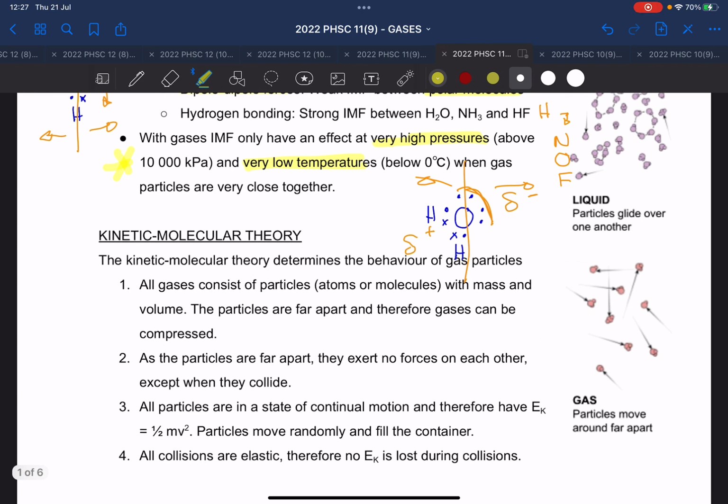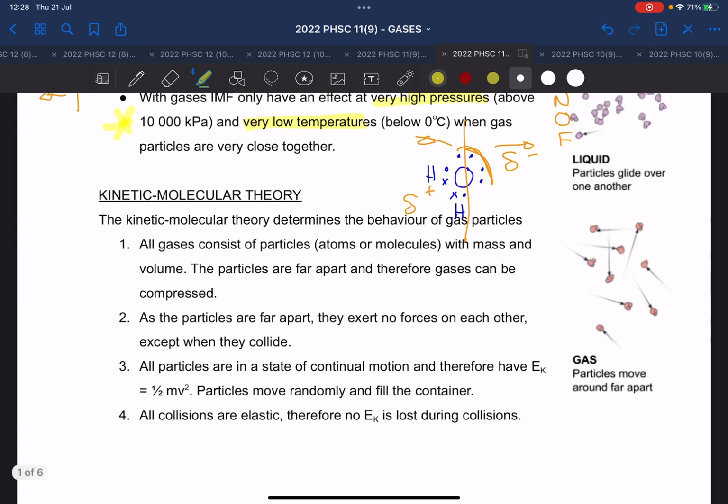And the same with very low temperature. If you decrease the temperature enough, the gas molecules get lazy. So they scoot together. Then they're close enough for intermolecular forces to be present. Okay. Kinetic molecular theory.